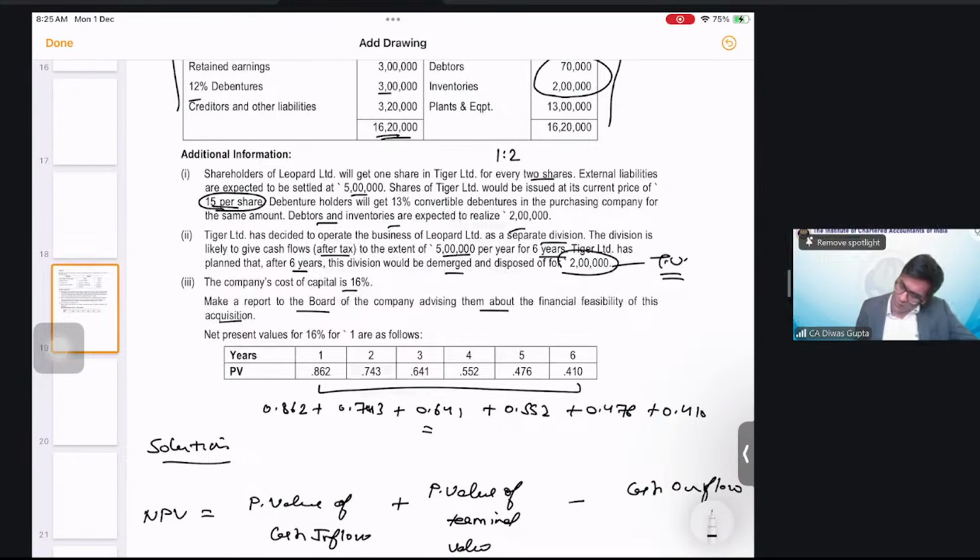So this becomes 3.684. Yes, 3.684. Perfect.